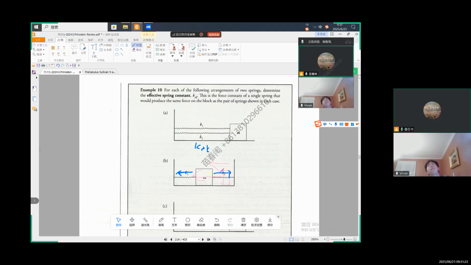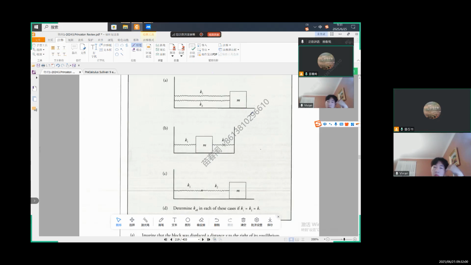So you need to find the total. F total would still be negative K1x plus negative K2x. So eventually K total is still K1 plus K2, like before. So B is a little bit against our instinct.